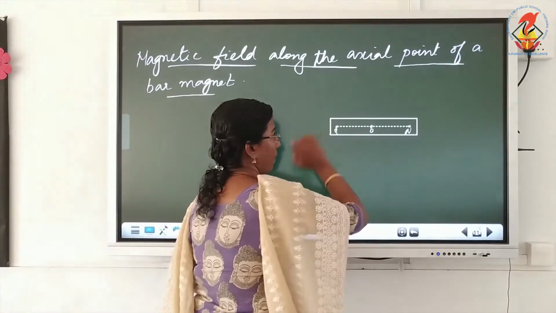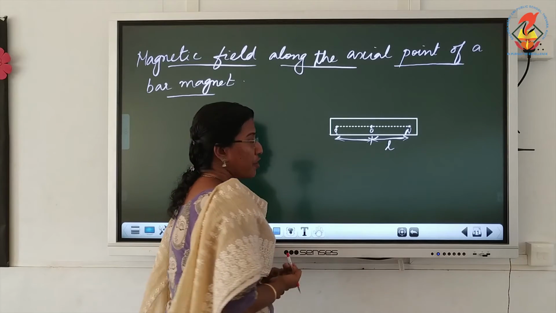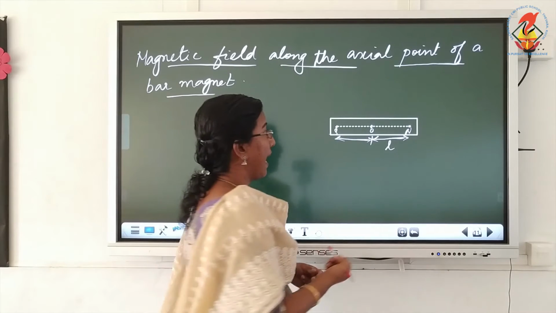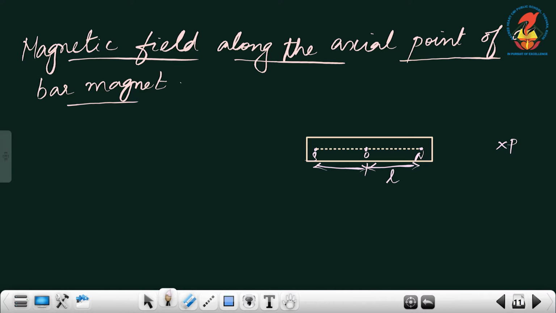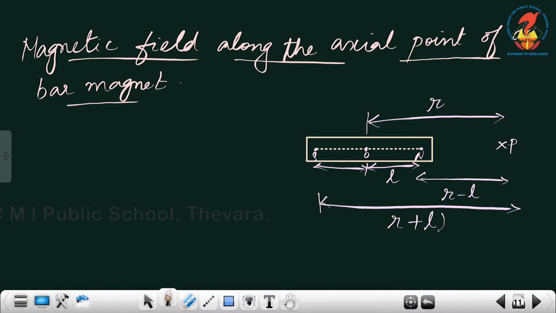If O is the center of the bar magnet, then the distance from O to the south pole and to the north pole will be L. I wish to find the magnetic field at point P along the axis of the magnet, and point P is at a distance R from the center of the magnet. Therefore, the distance between north pole and P will be R minus L, and the distance between south pole and point P will be R plus L.